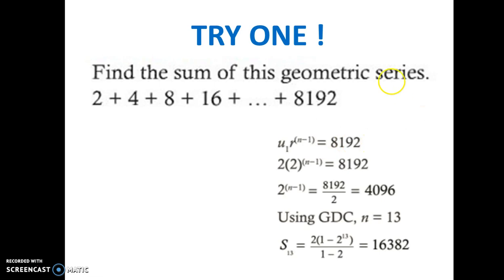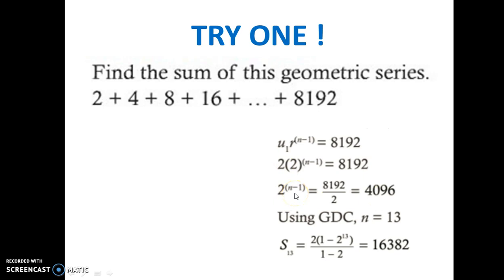Great, here's how you do it. To figure out which term number this one is, you use the regular formula for nth term. You put 8192 in for un. You replace this, u1 is 2, and the r value is also 2 because you're doubling these every time. Then I can divide by 2 right here to take away this 2 and be left with this equals that.